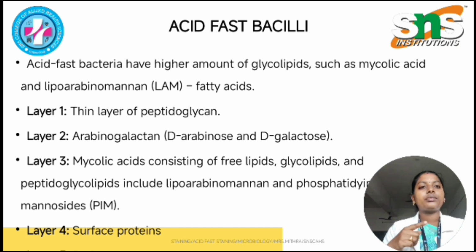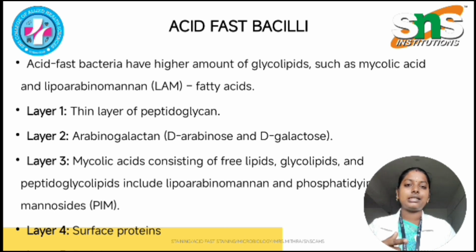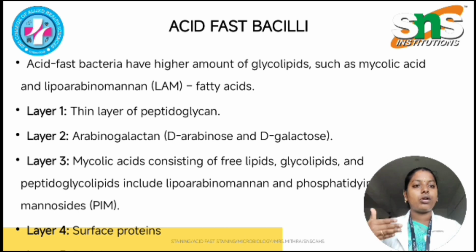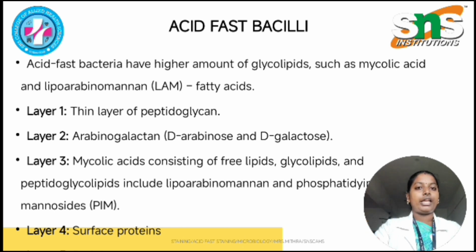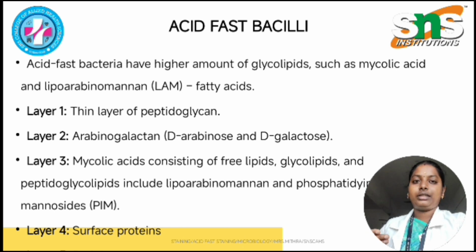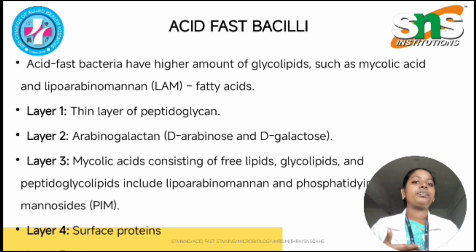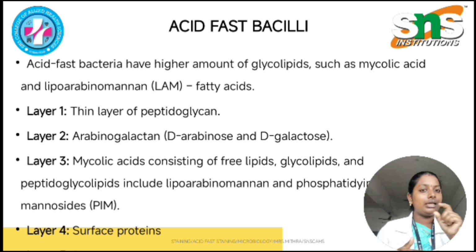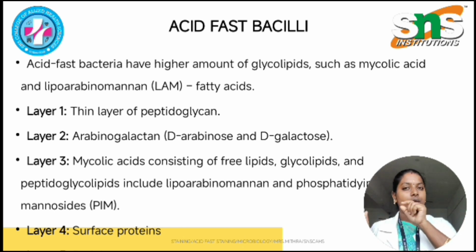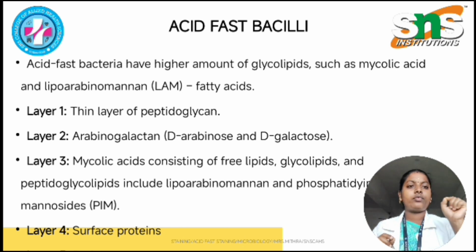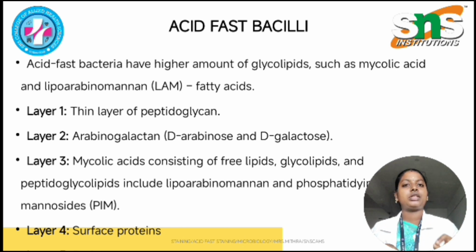Apart from the mycolic acid, there are several layers involved in acid fast bacteria, which I mention as layer 1, 2, 3, 4 and 5. Layer 1 is a thin layer of peptidoglycan; only 1 or 2 layers of peptidoglycan are present in acid fast bacteria.